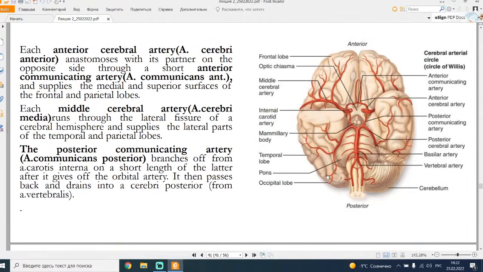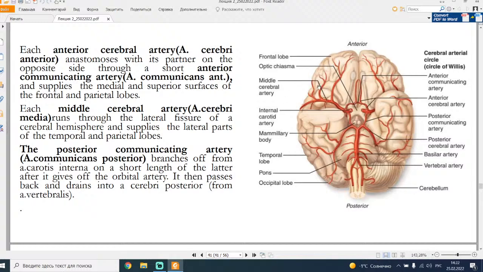Each anterior cerebral artery anastomoses with its partner on the opposite side through a short anterior communicating artery, arteria communicans anterior, and supplies the medial and superior surface of the frontal and parietal lobes of the brain.